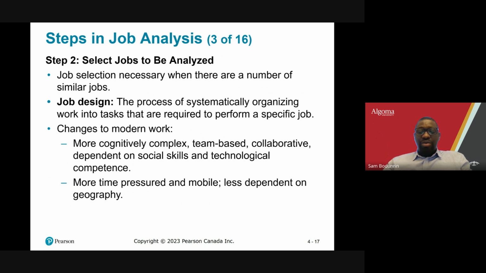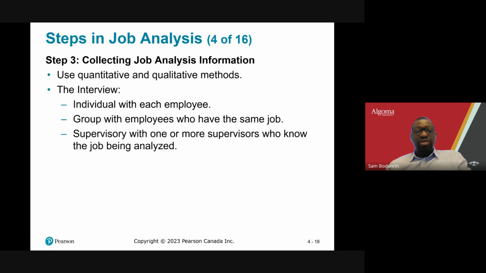All right. So the third one is collecting job analysis information. Under job analysis, in the collection of job analysis information, we can either use quantitative methods, which have statistics and figures, or we use qualitative methods, which require no statistics or calculation. So we start with the first one, which is interviews. To get information about a job, we need to interview the incumbent, the person that is doing the job.